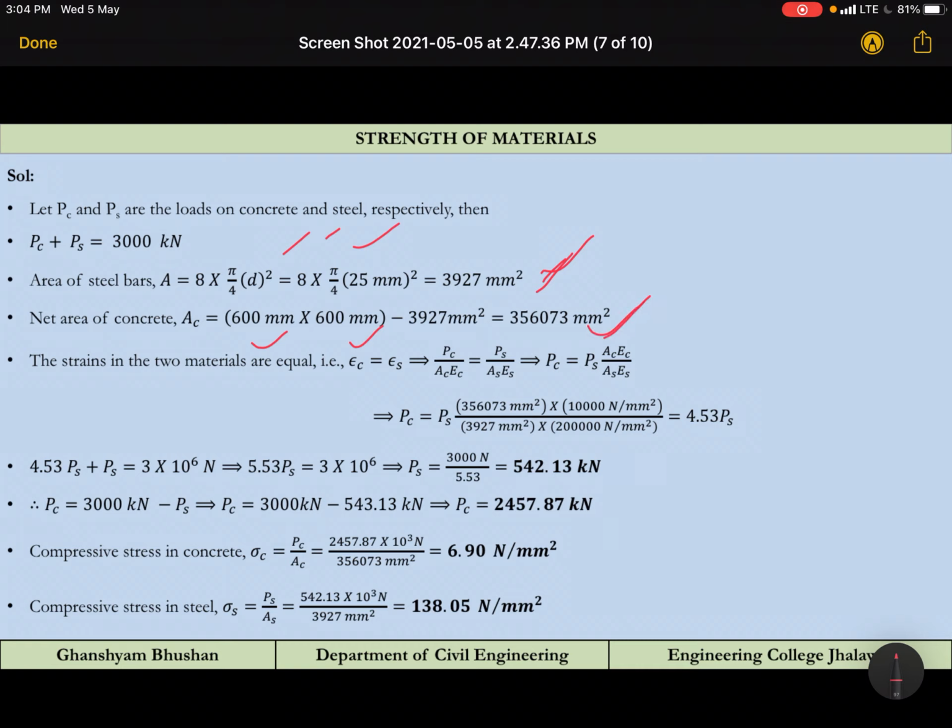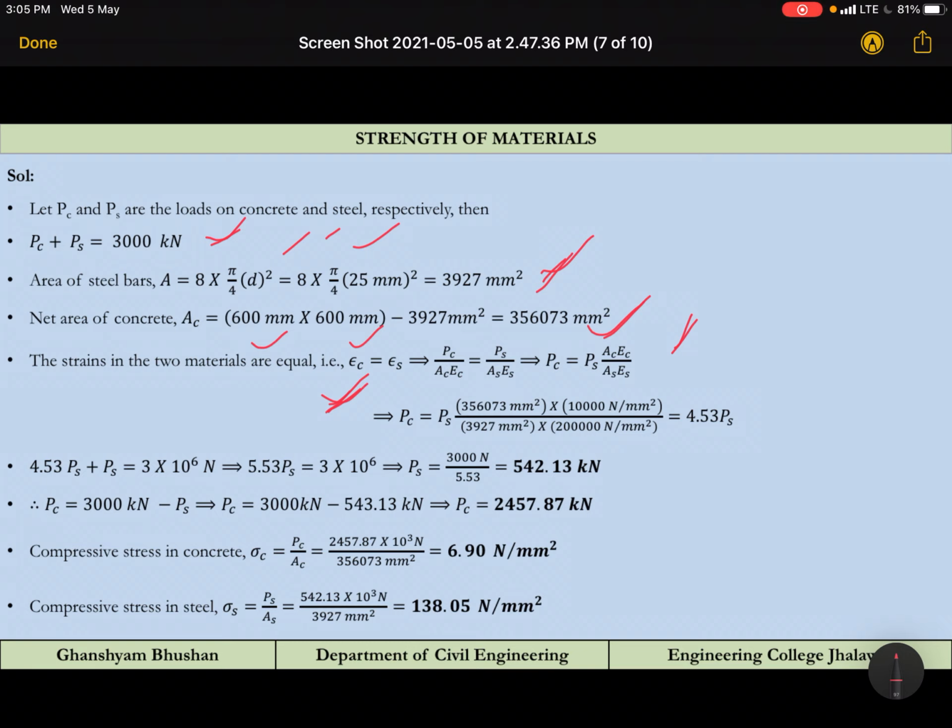Now the strain should be equal. Strain in concrete should be equal to strain in steel. This is your compatibility condition, and the earlier one is your equilibrium condition. So put the values of stresses and strains: PC by AC into EC is equal to PS upon AS ES. Basically we are trying to find PC in terms of PS.